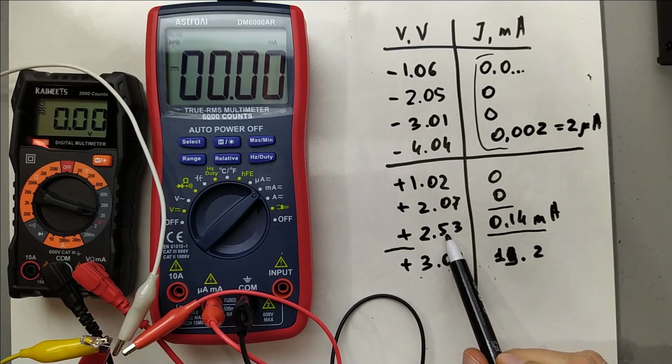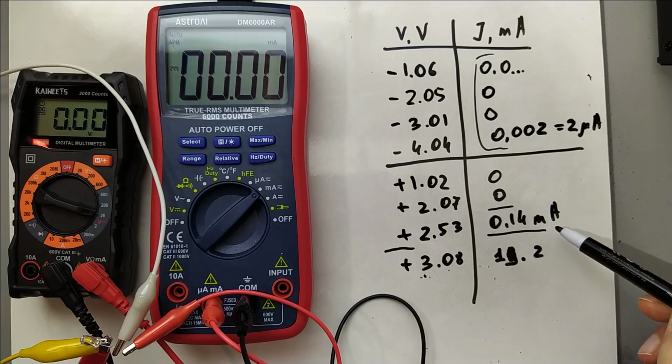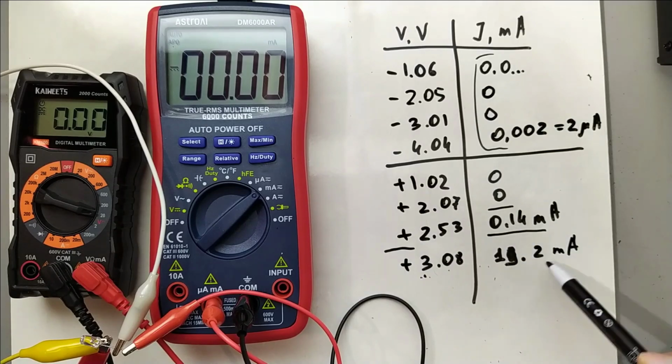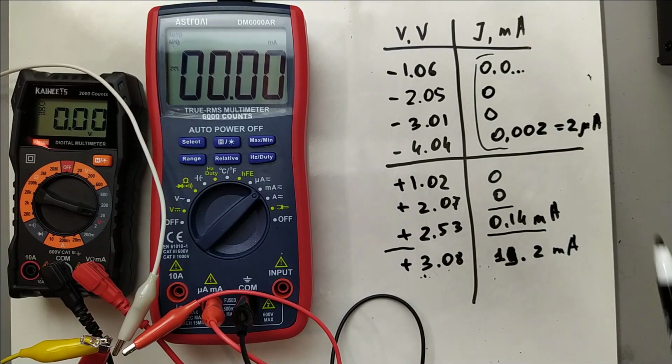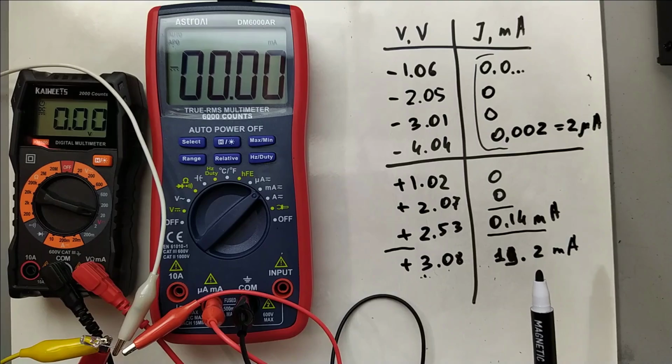And once we have a very small step from 2.5 to 3 volts forward bias, it results in a huge jump in current from 0.14 to 19.2 milliamperes, which is more than 1 order of magnitude increase in current, which follows some exponential dependence.